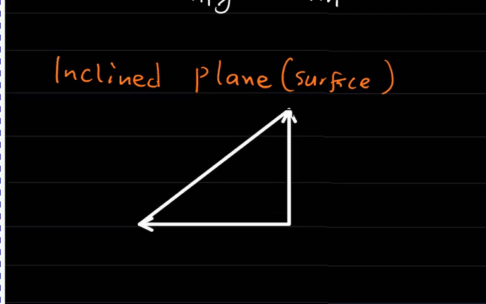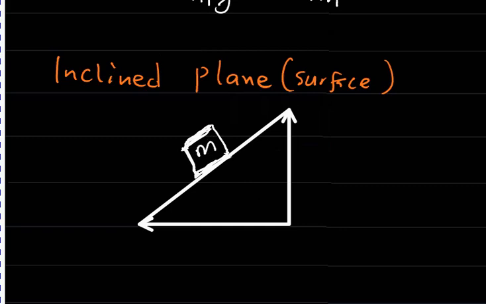Here we go. So let's say we have this mass, M, on this inclined plane.